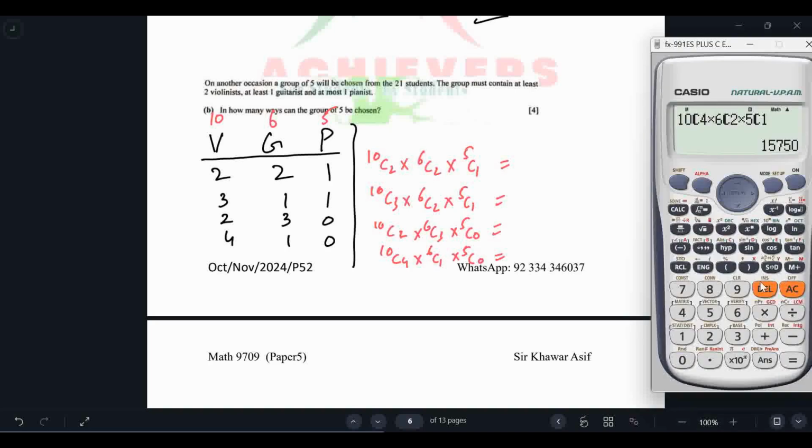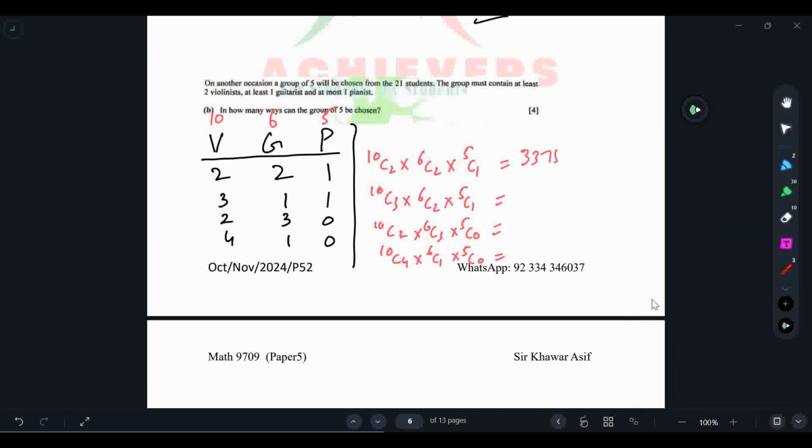Now if we calculate 10C2 multiplied by 6C2 multiplied by 5C1, this will be equal to 3375.